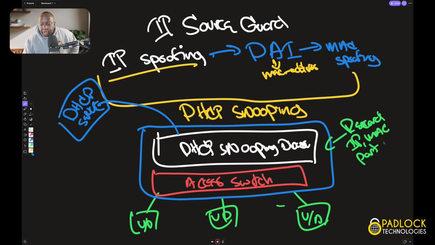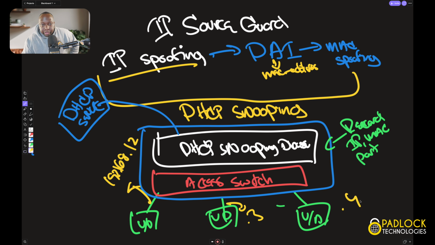Let's use a typical RFC 1918 address. We have 192.168.1, this one is .3 and this one is .4.